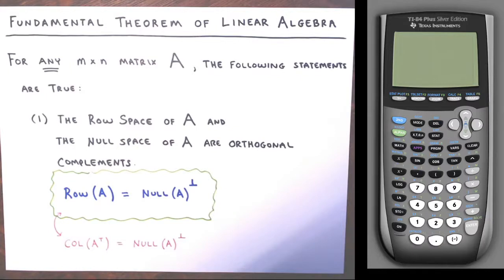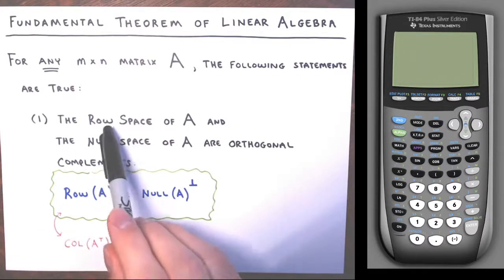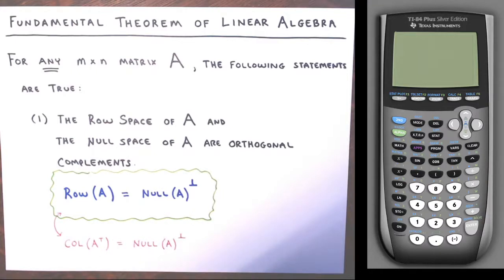And I'm assuming here that you remember what these are. Remember, just real quickly, the row space of a matrix is the subspace spanned by the rows of the matrix. Simple as that.